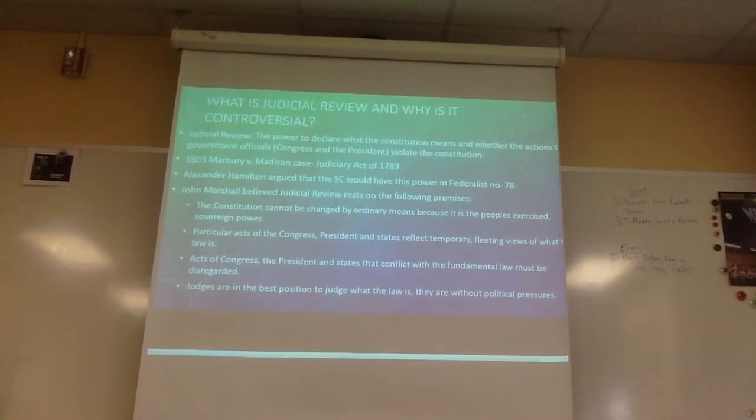So certain temporary fleeting views and passions can get laws passed that sometimes are not for the best interest of America. Acts of Congress, the President, and the states that conflict with the fundamental law must be disregarded, and it's the judiciary's job to make sure those laws get disregarded. Unfortunately, our judicial branch doesn't always do a phenomenal job with that.